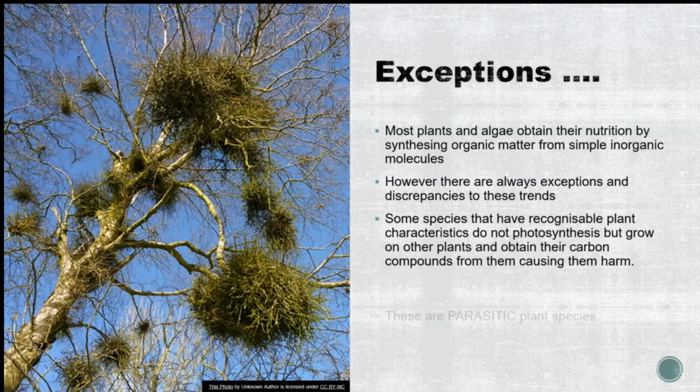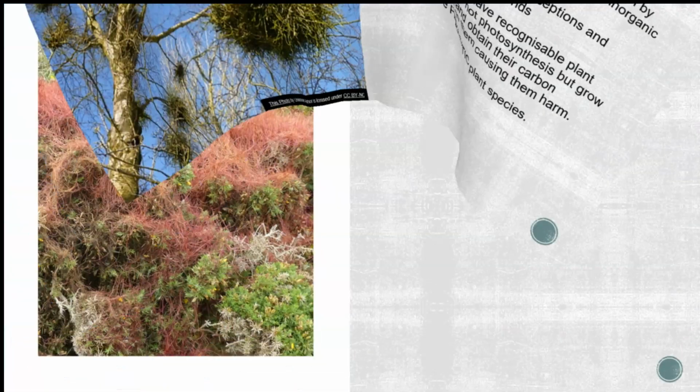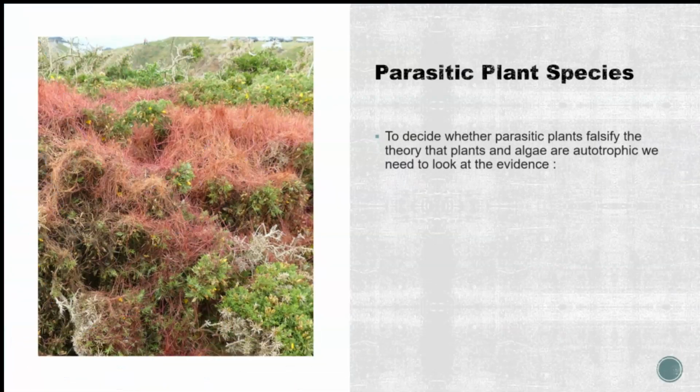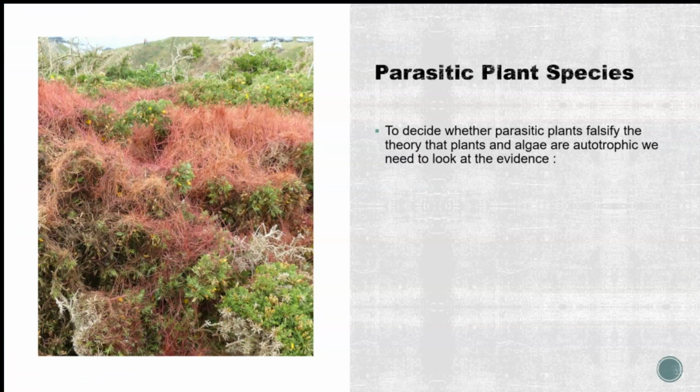So parasitic plants we're looking at. Okay, so they grow on other plants and they use their carbon compounds instead of photosynthesizing themselves. So these images are all showing you some different parasitic plants.